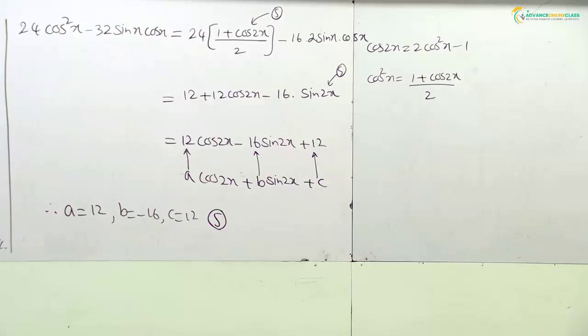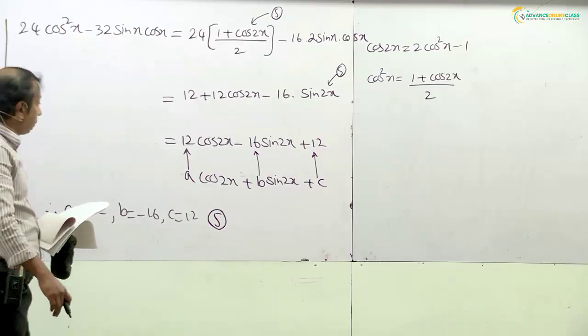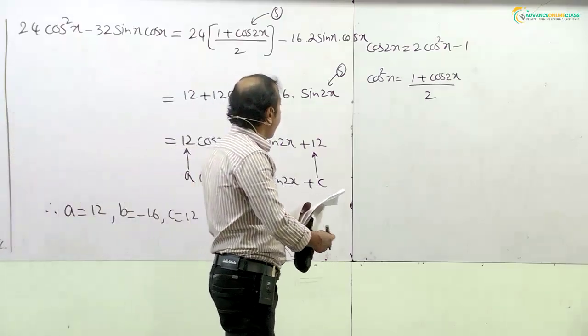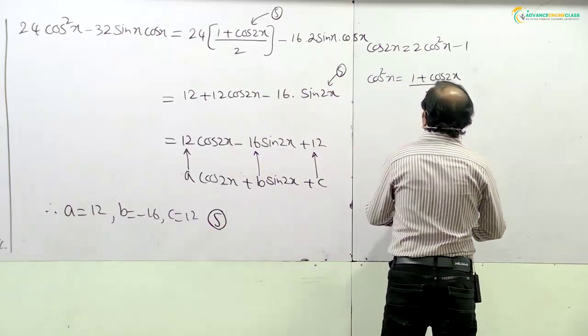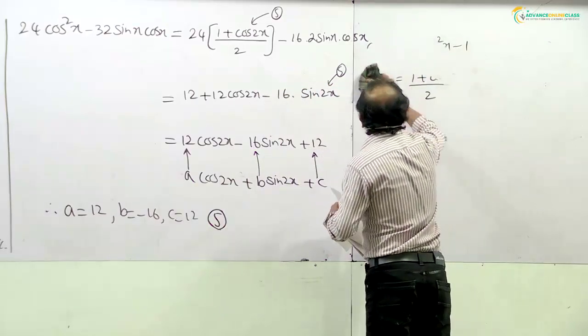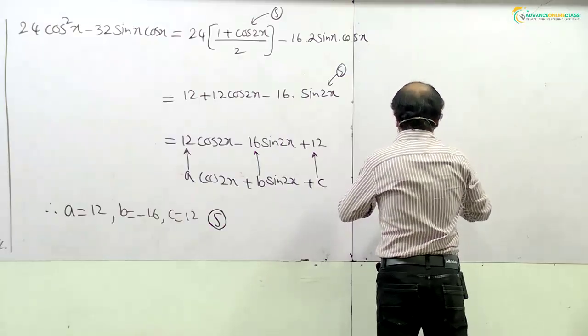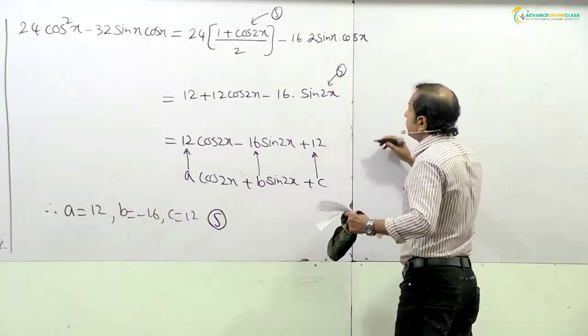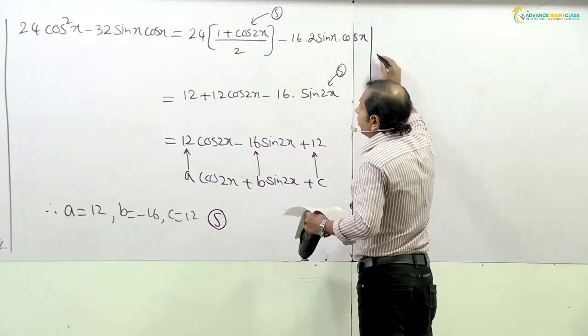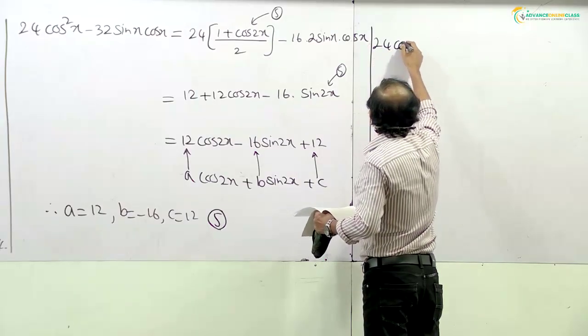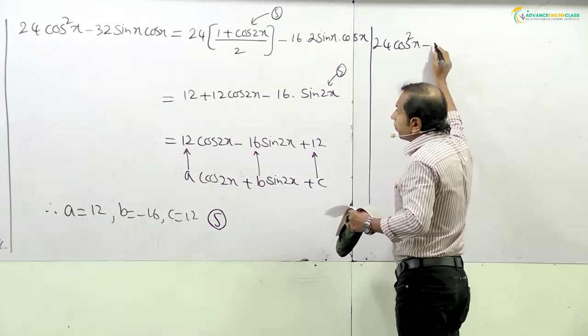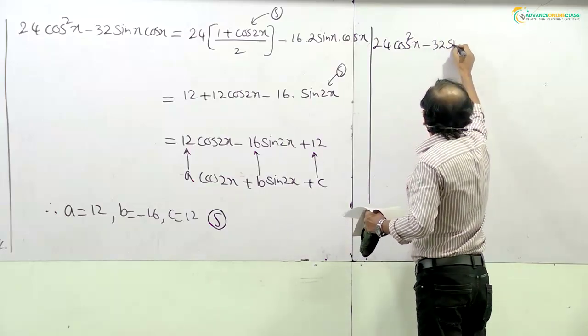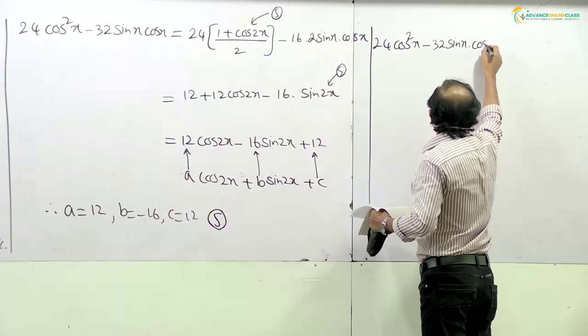Now what is next? Find the minimum value of this, 24 cos squared x minus 32 sin x cos x, right? What is it equal to?